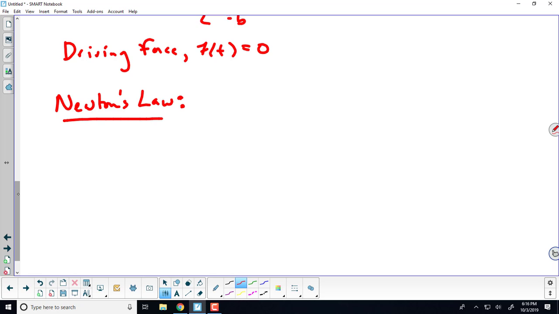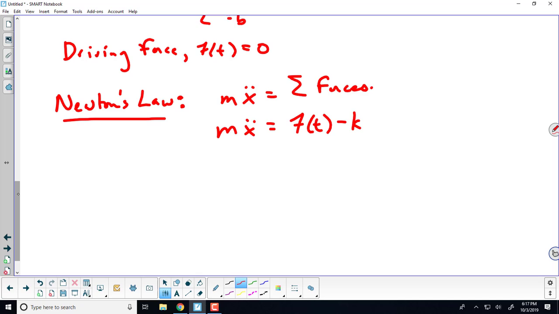It says that mass times acceleration is equal to the sum of the forces. Well, in that case, then we have m x double dot is equal to your external force minus your restorative force minus your dampening force.